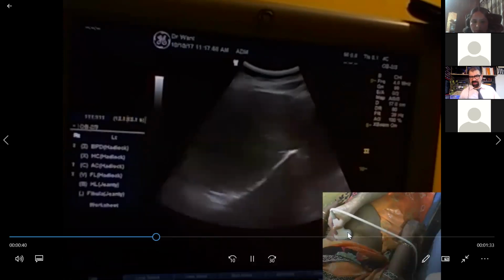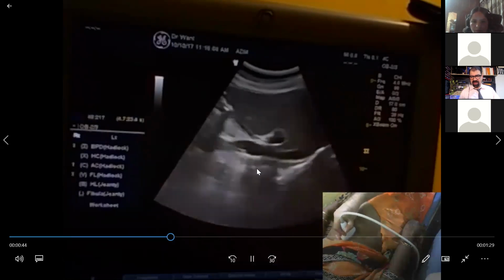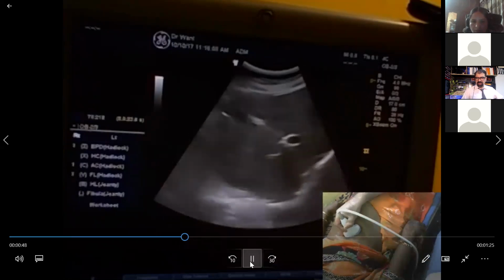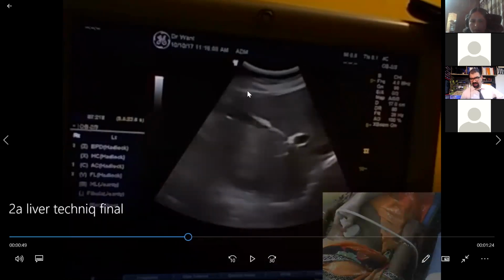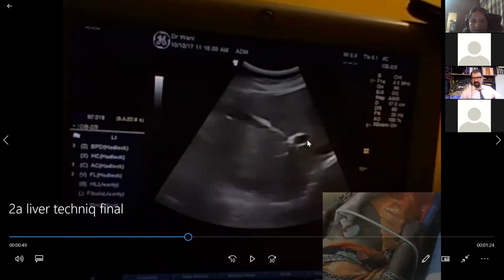So Anil, this is the technique of how we are scanning. Now I am in complete transverse section. I am now cutting through the gallbladder. Dr. Harvinder, I am seeing the gallbladder. Which part of the liver am I cutting, superficial or deep? Deep, sir. I am seeing the portal vein, not the gallbladder.